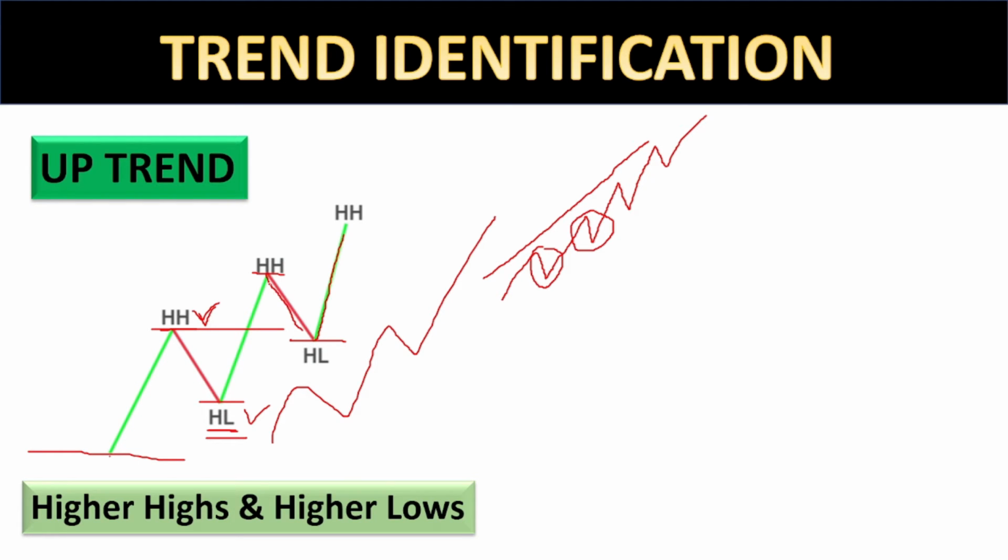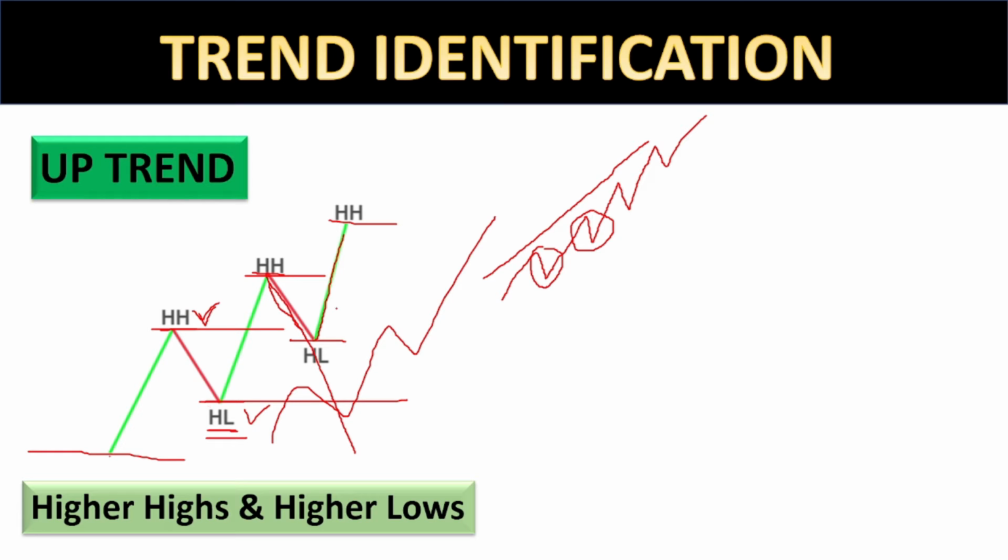Imagine that by any chance the market comes down and goes below this first higher low. Then we can say there is a trend reversal. This is how you can identify and confirm an uptrend, if it follows these rules. Always remember that a new higher high should be above the previous higher high, and similarly, a new higher low should always be above the previous higher low.